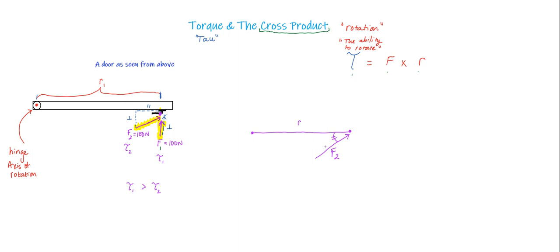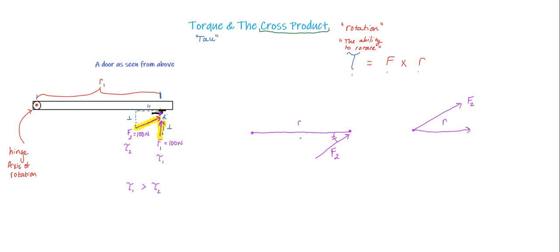Now I'm going to put them tail to tail. So I'm going to say there's this r vector and then there's this f vector that's pushing this way. Okay. So now it looks kind of weird. It doesn't look necessarily like this picture anymore. But try to imagine how this vector and this vector lay onto the picture.